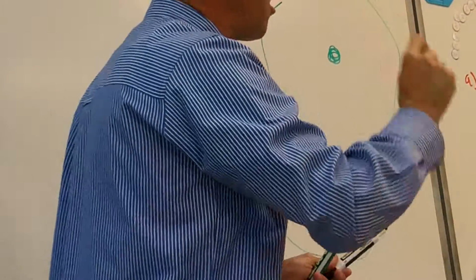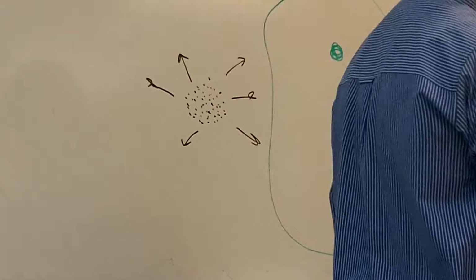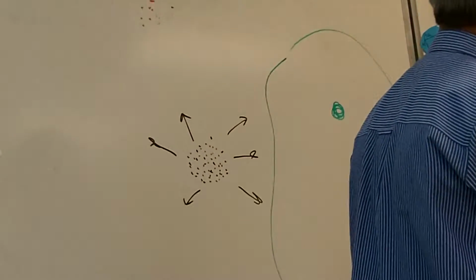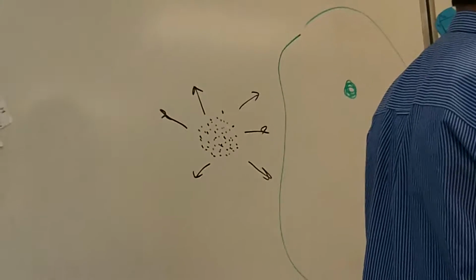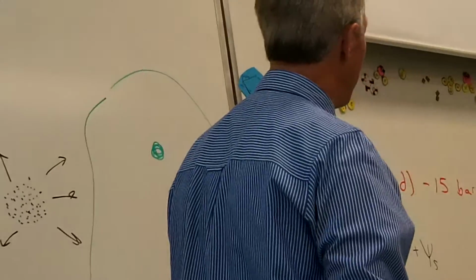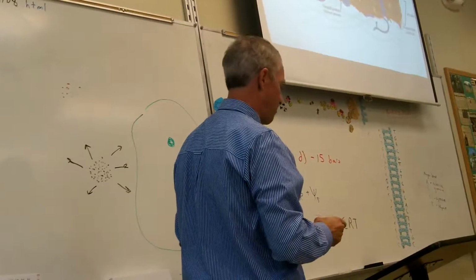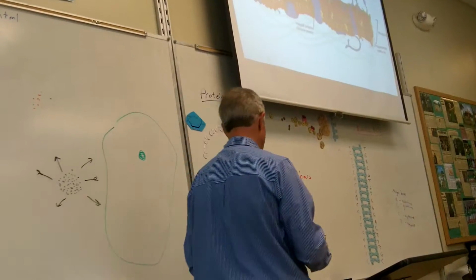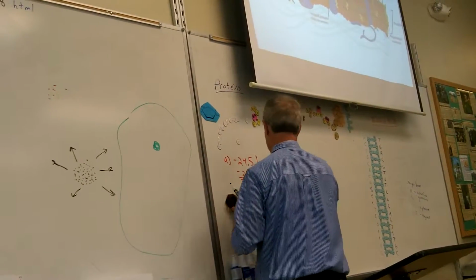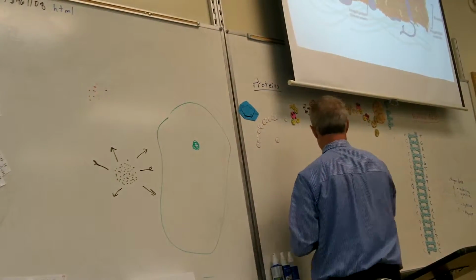Some molecules are so small that they can go right through the membrane. If they're small and they don't have any kind of charge to them, if they're small non-polar molecules, they'll go right through the membrane. The membrane doesn't stop them. I'll give you an example of some small non-polar molecules. Mr. Willis, would it break the membrane?